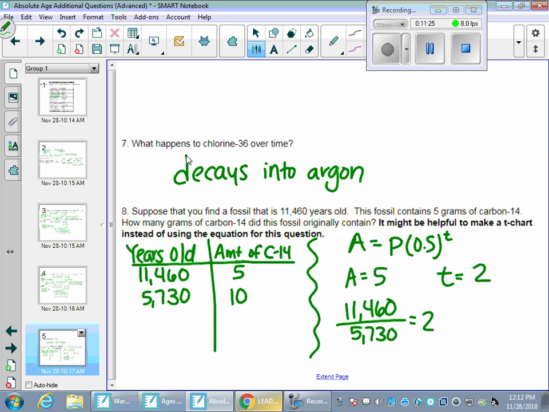Now if I take my 5,730 and subtract another half-life, I'm back to 0 years, which is present day. I would need to double again. So you're always going times 2. You double what you had and get 20. Either way you do this, you should get an answer of 20.